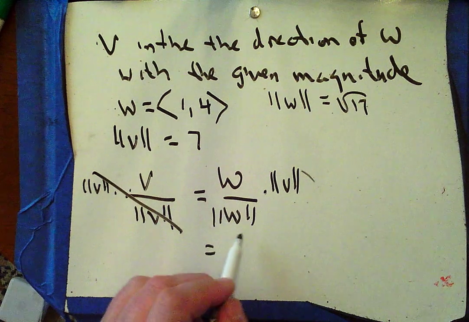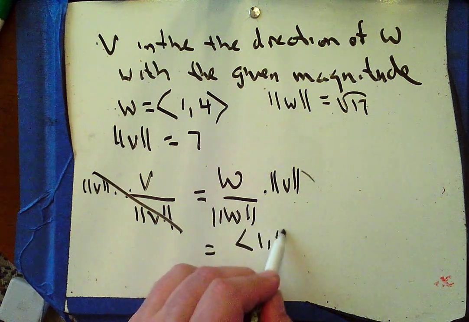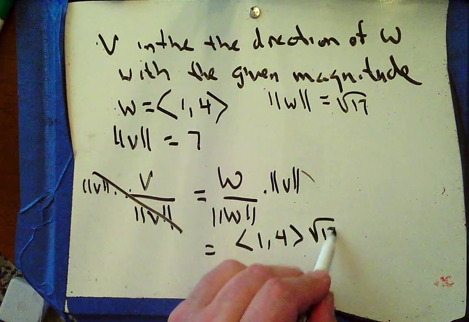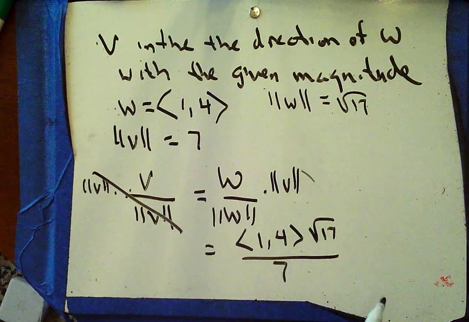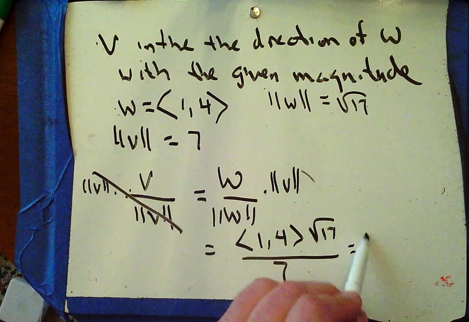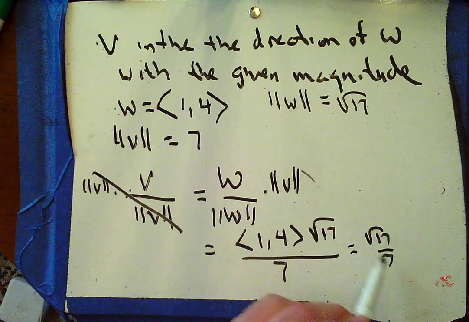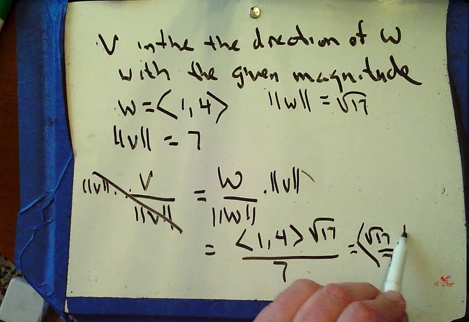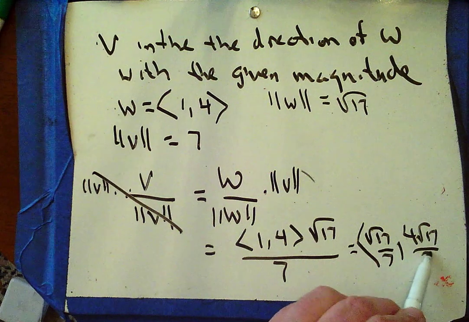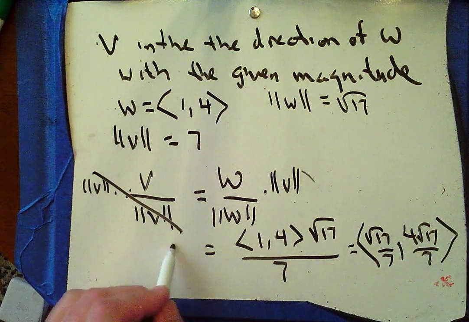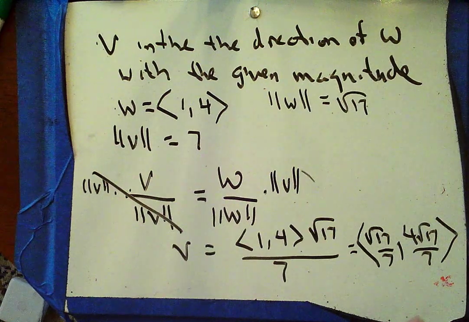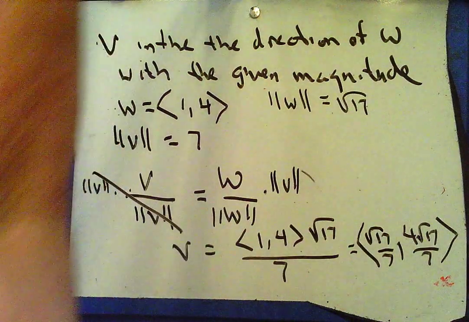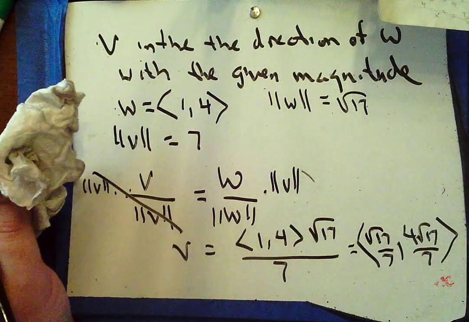So for us, <1, 4> root 17 over 7, or <root 17 over 7, 4 root 17 over 7>. This is v. It goes in the direction of w, but it has a different magnitude than w. So that's where we were in the last video.